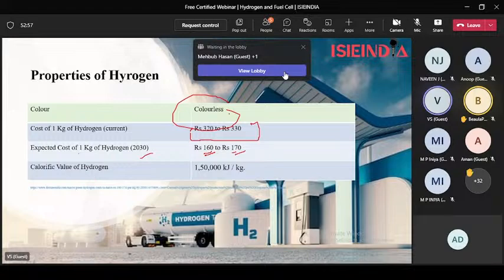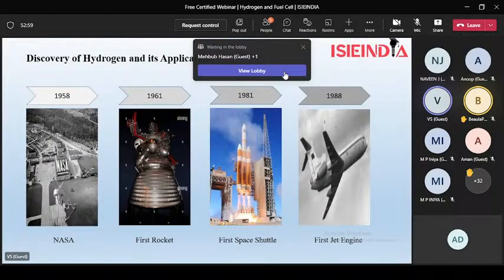Now coming to the next slide, which is the development history, continued from the first slide. In 1958, NASA was founded to use liquid hydrogen as its fuel. In 1961, the first rocket which used liquid hydrogen as its fuel was Aerojet.